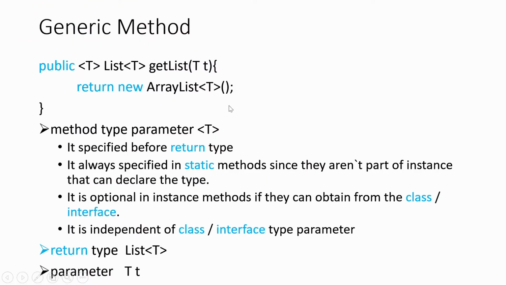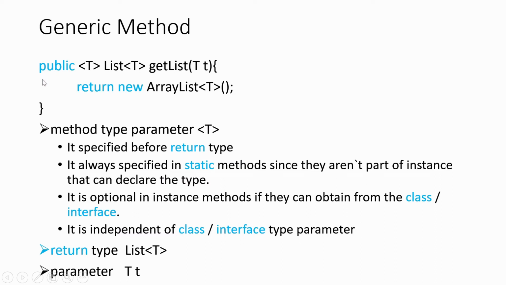Generic methods. We can mention method type parameters or formal type parameters in the method, and then they are called generic methods. It is specified before the return type.